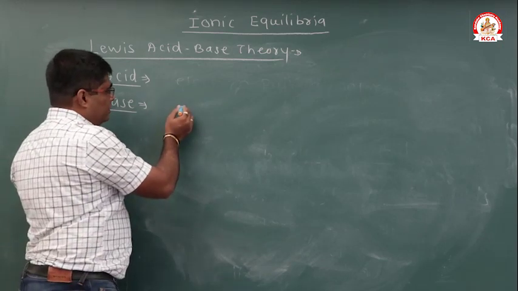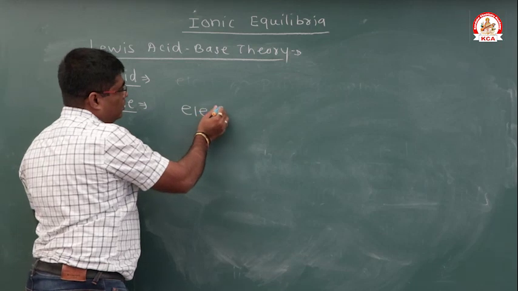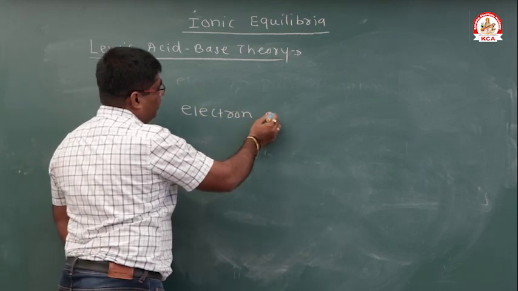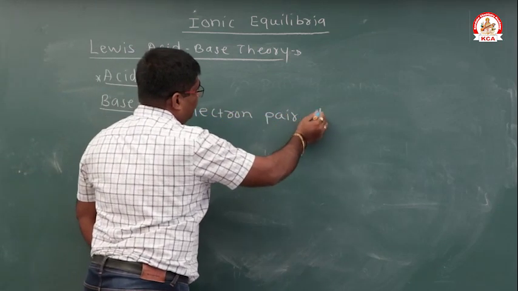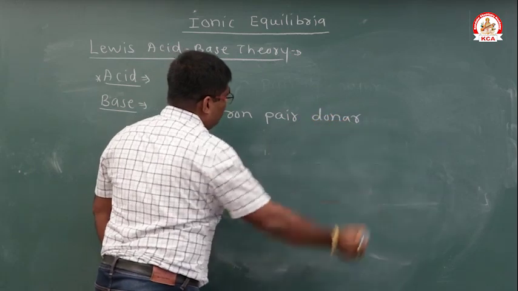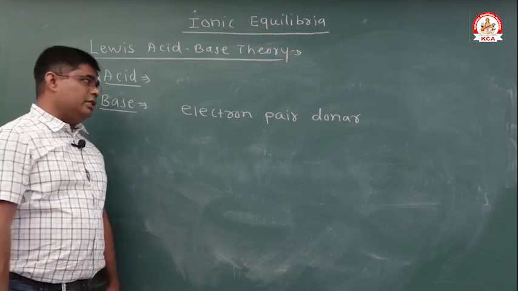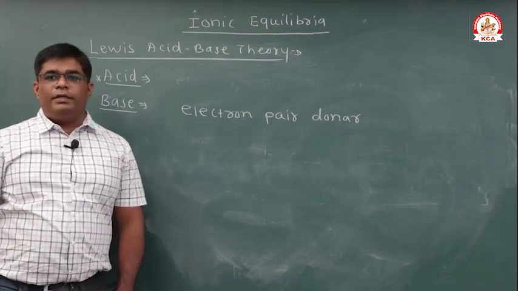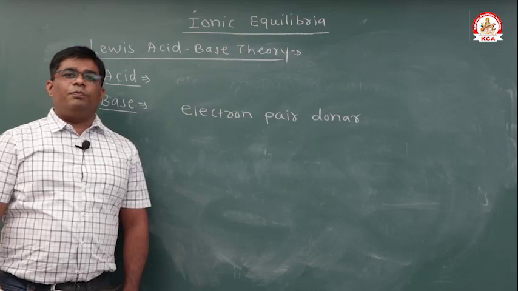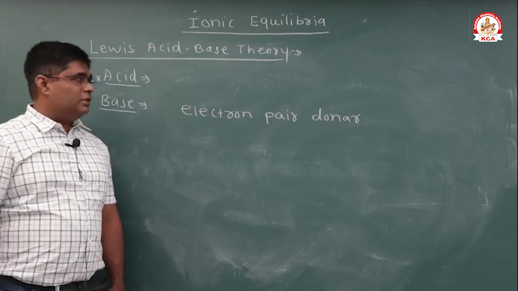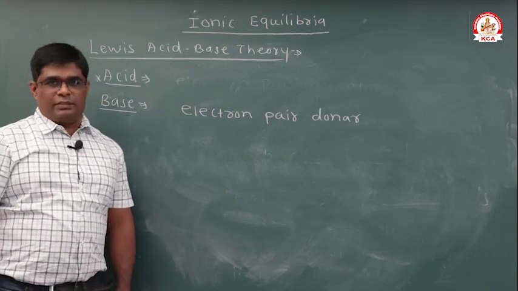So Lewis bases are electron pair donors. The substances which have the ability to donate the electron pair to other substances are called Lewis bases.